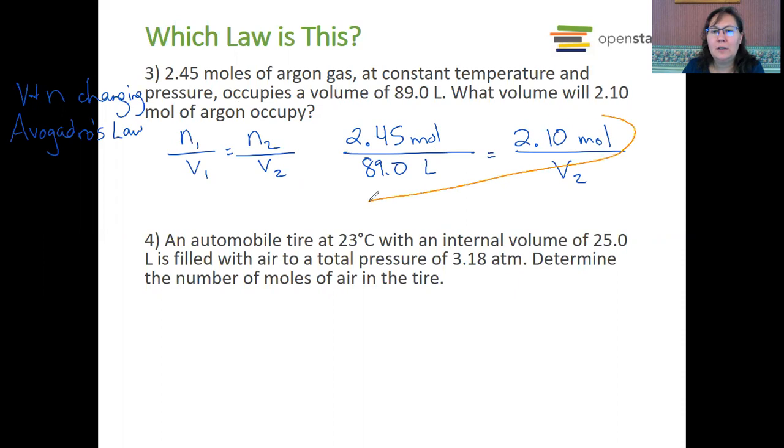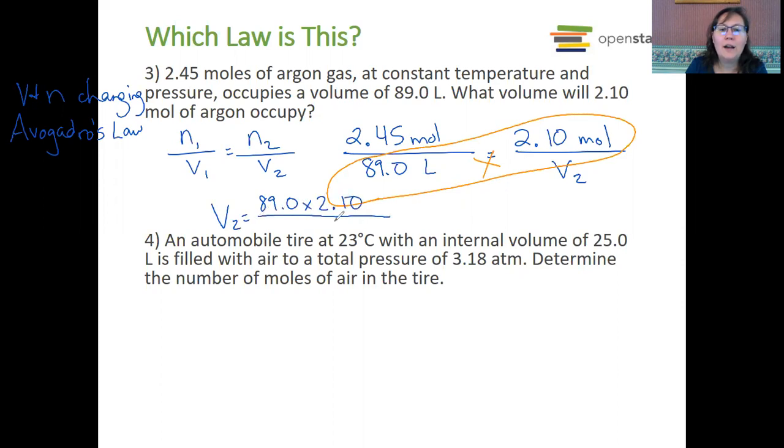You're still going to draw the cross multiplication like this, and you get V2 equal to 89 times 2.1 divided by 2.45. Now I get a volume. I can have 3 significant figures, so the volume for this will be 76.3 liters. Okay.